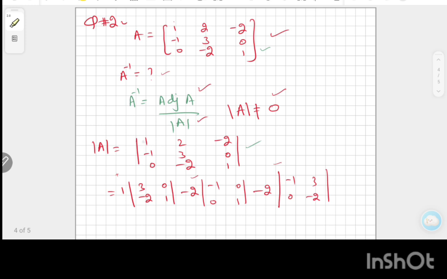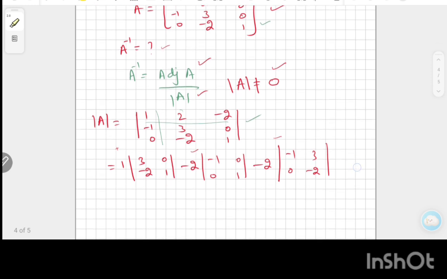Okay, now we have to expand by row 1, so 1 times 3 minus 2 0 and 1, then ignoring the column, minus 2 times minus 1 0 0 and 1, and then minus 2 times minus 1 3 0 minus 2. Dear student, understand it: the first value is positive, the second value is negative, the third value is positive, but here the negative 2 we have to carry.